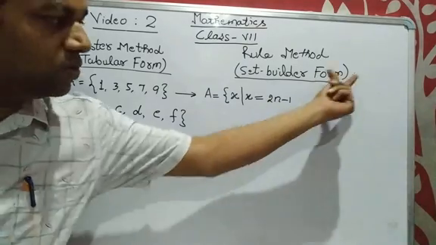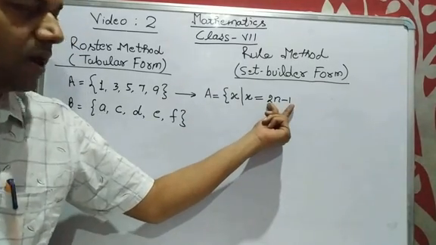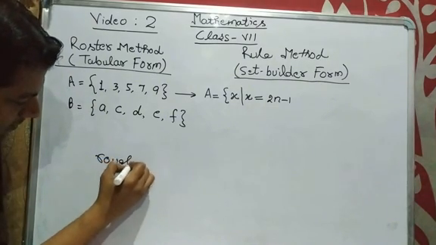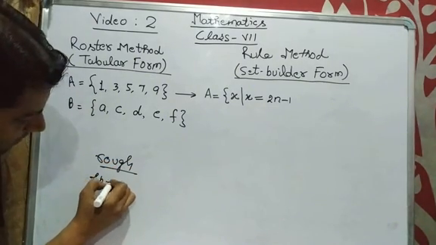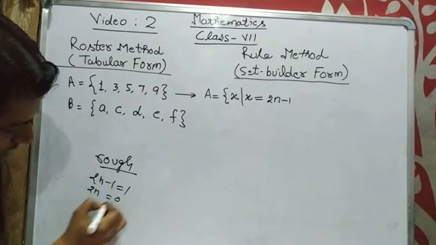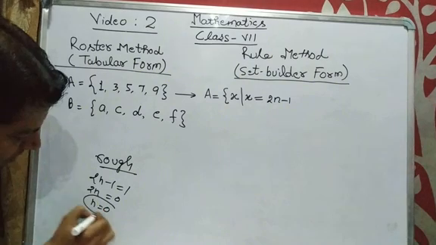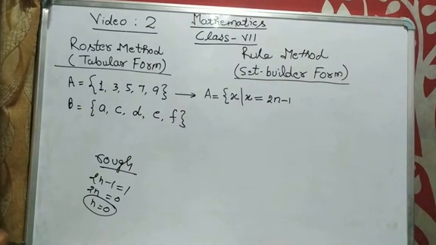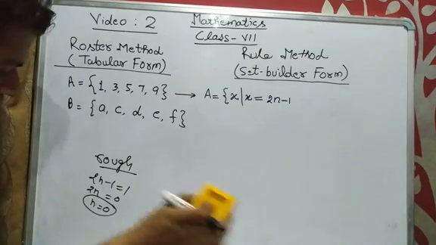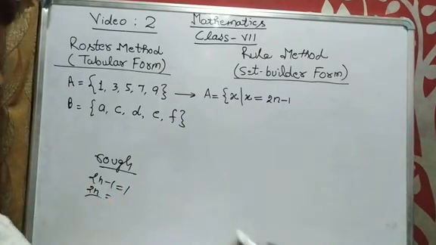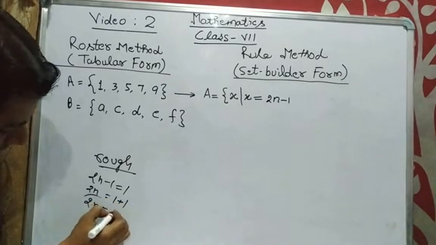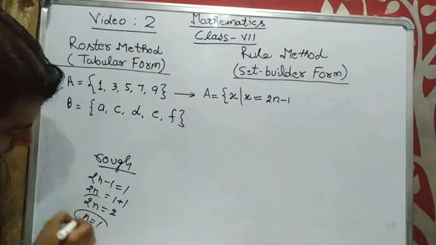We can do some rough work here. 2n minus 1 is equal to 1. That means 2n is equal to 2, and n is equal to 1.